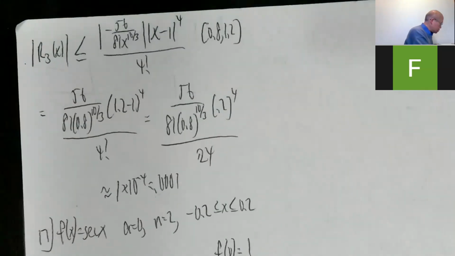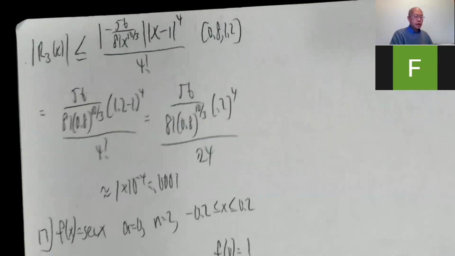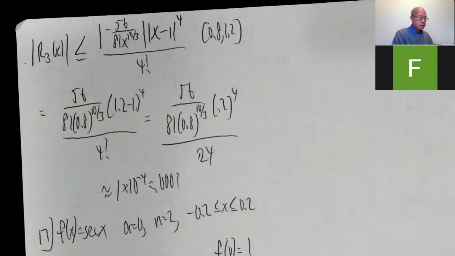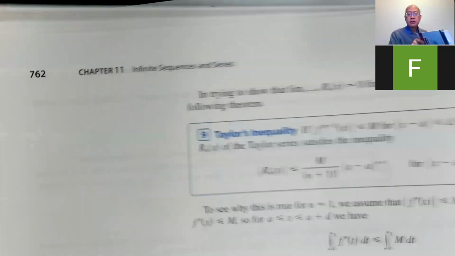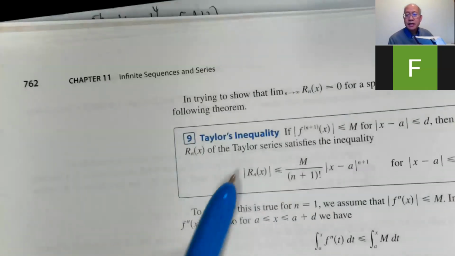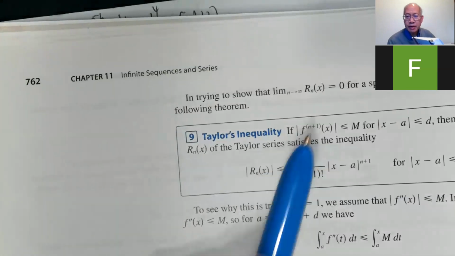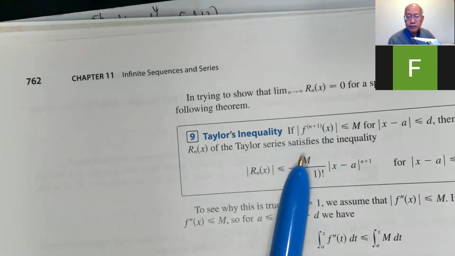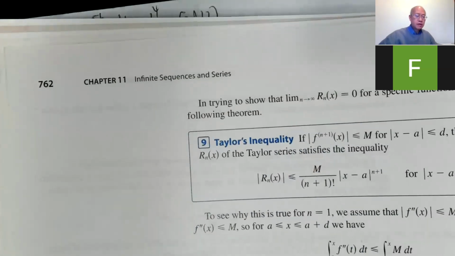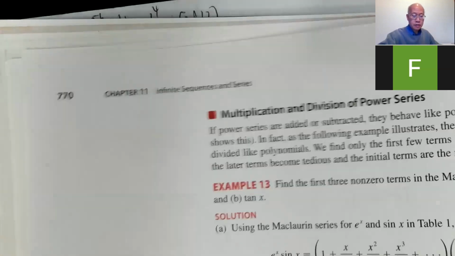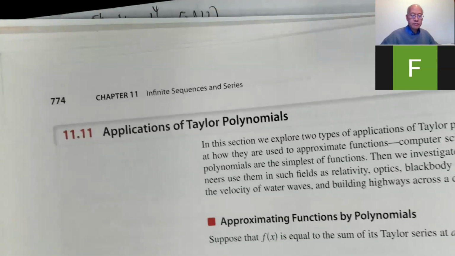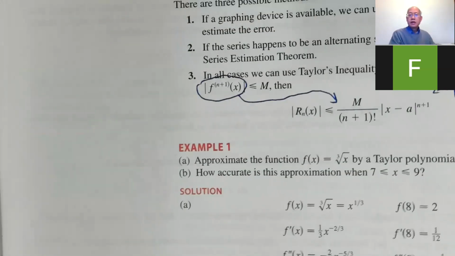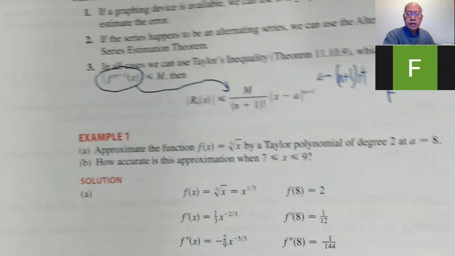Again, the new formula, the last thing that we have for the semester, is Taylor's inequality. Page 762. Remember, I replaced this m. I'm not sure why they did it that way, but this expression just goes right here. So it looks like the n plus first derivative over factorial. This works whether you have an alternating series or not.